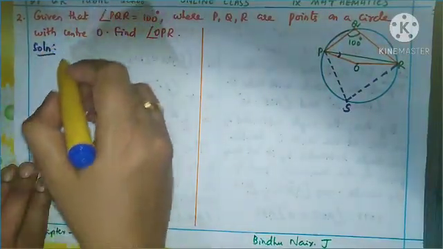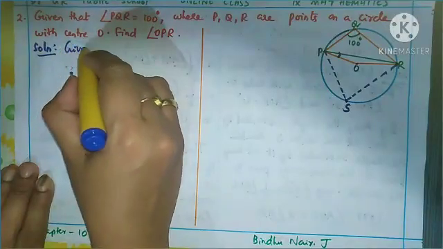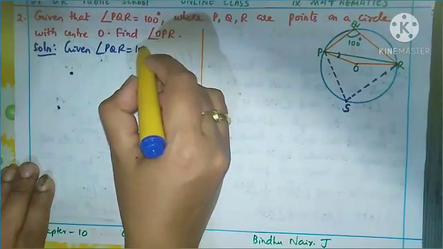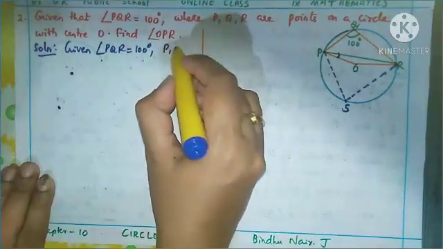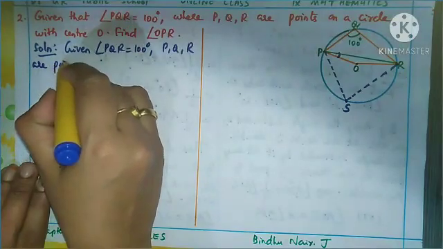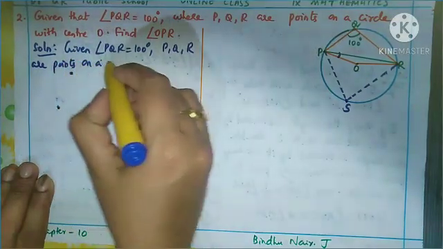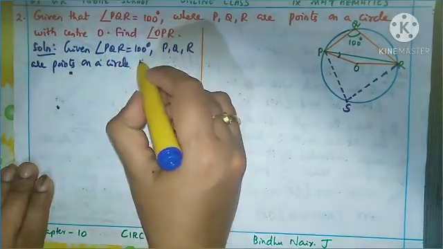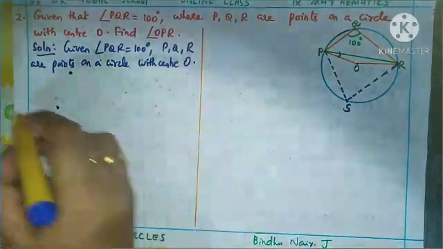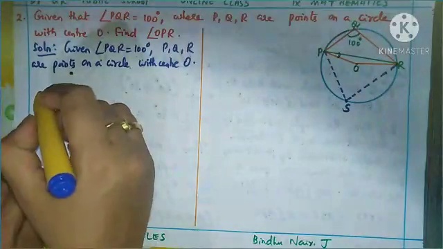Solution: given angle PQR equal to 100 degrees, P, Q, R are points on a circle with center O. So what construction did we do?